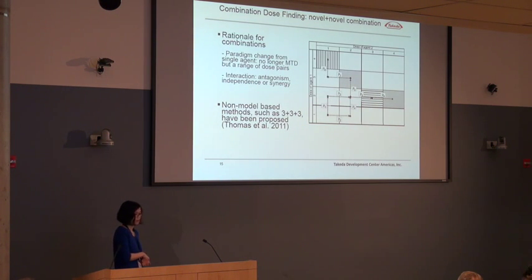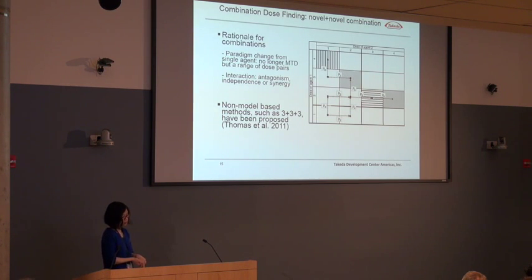For example, I'm not sure about the biological reasons, but if you run a combination with a MEK inhibitor plus a RAF inhibitor, and they are both new molecular entities, not yet approved, usually when you are at the point of running the novel combination, you will have already run the single agent first-in-human study, so you have a little information about the toxicity of the single agent. There are different ways you can run the novel combinations, and what I'm talking about today is a very partial list of the things that you can do.